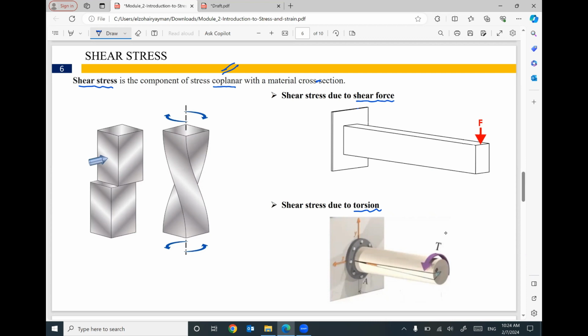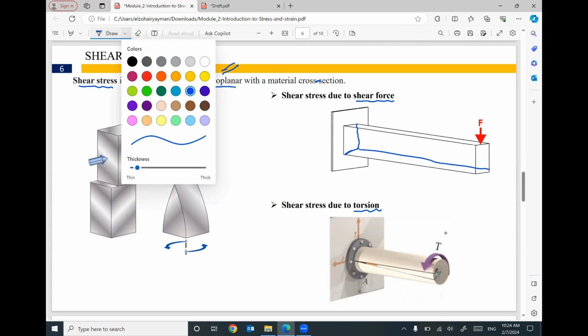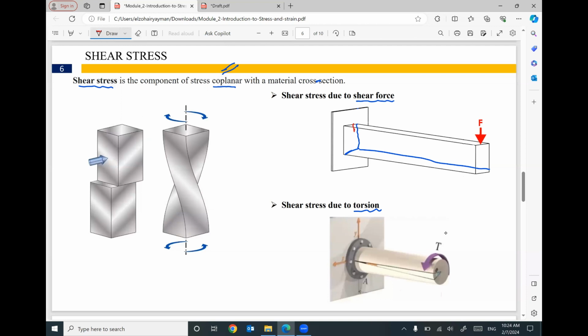So the shear force, if you look at this force F trying to push this beam down, then if you look at the cross section here, due to the effect of this force, we have stresses on this cross section parallel to the cross section, trying to move down in the same direction of the applied shear force.